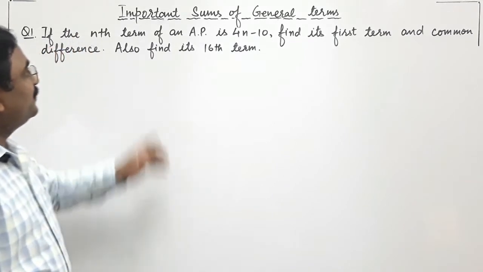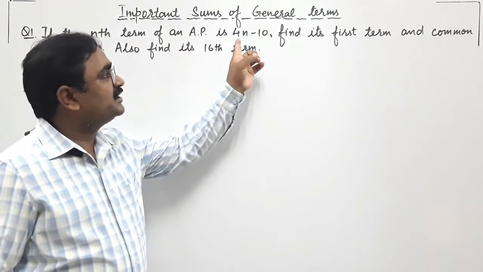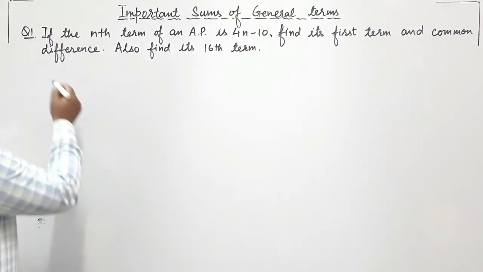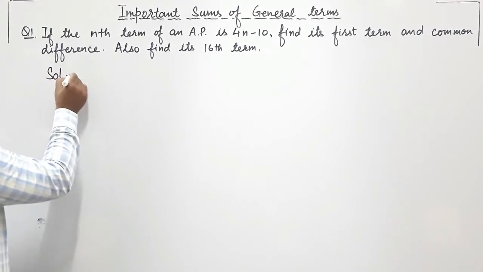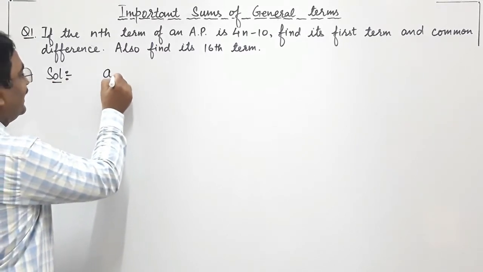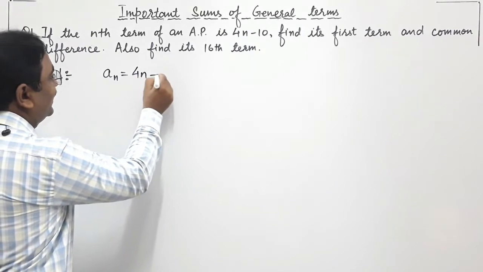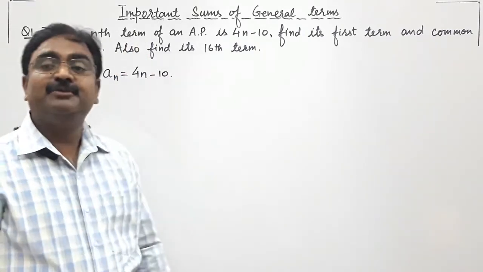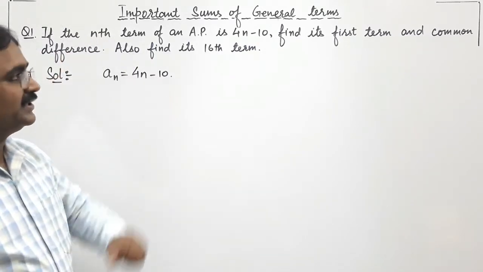देखो, as the first statement is given, the nth term of that arithmetic progression is 4n minus 10. So in the solution of this question, the nth term a_n is given as 4n minus 10. This is the nth term, or you can say the general term.